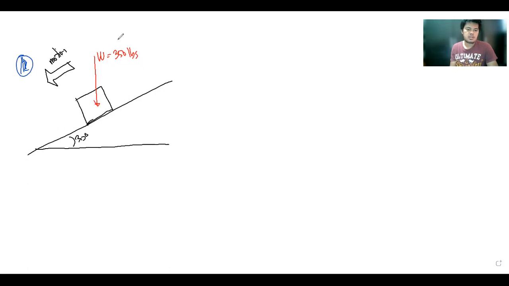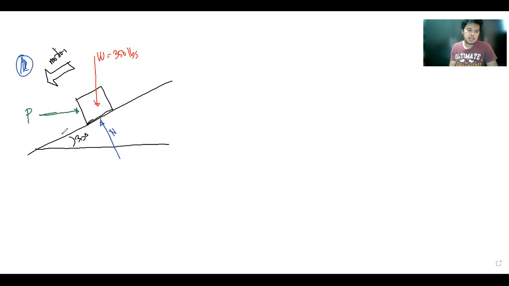According to the problem, the force to be applied must be horizontal, so this would be the horizontal force P. There are these forces that also exist in the given system. Number one, the normal force, which is perpendicular to the surface.